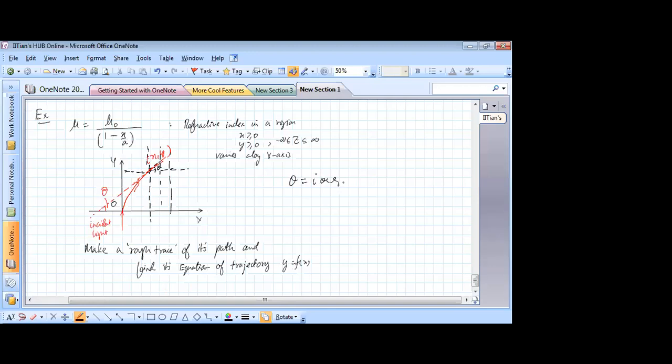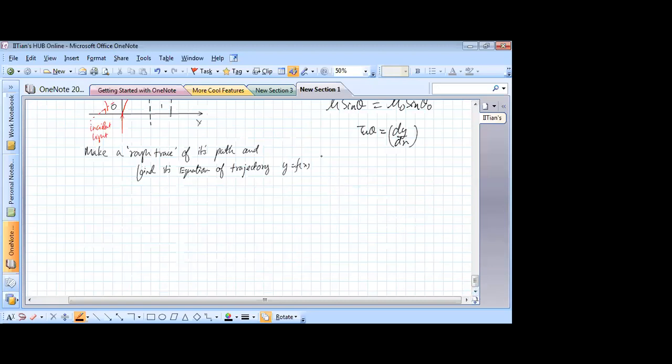Okay. So we have mu sine theta is equal to mu naught sine theta naught, like this. And we have, of course, tan theta is equal to dy by dx.